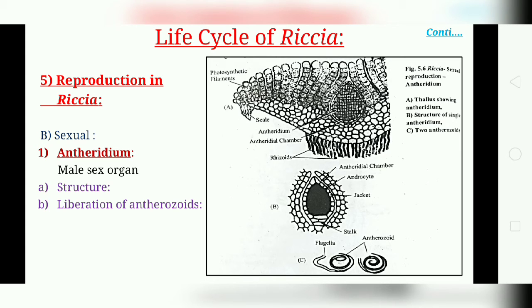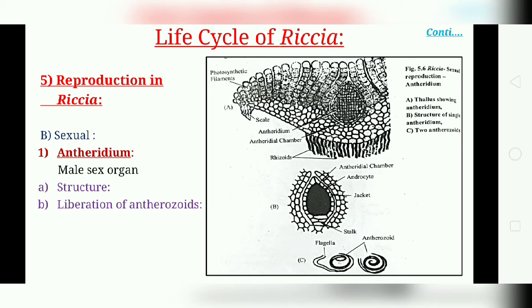The antheridium is the male sex organ and the archegonium is the female sex organ. This sexual reproduction is oogamous. The sex organs are well developed and highly differentiated. The male sex organ is called the antheridium, while the female sex organ is called the archegonium.